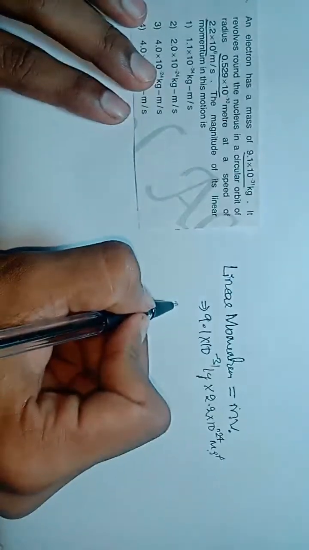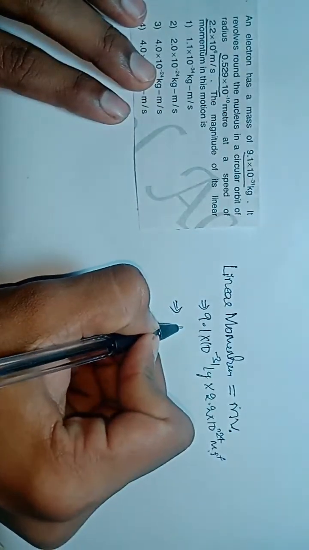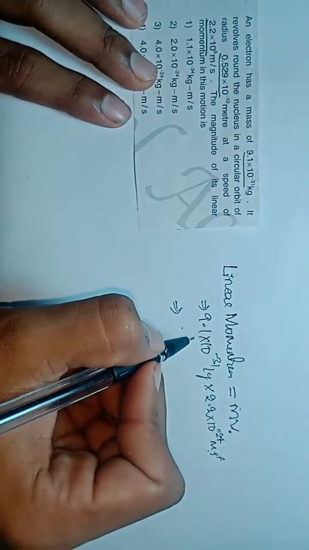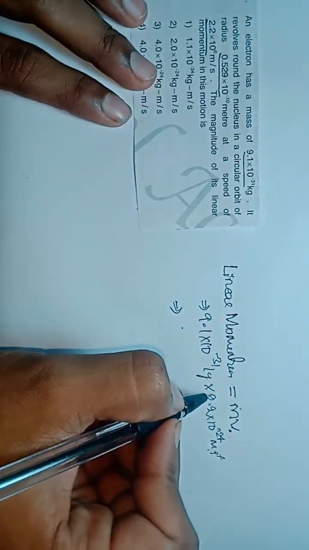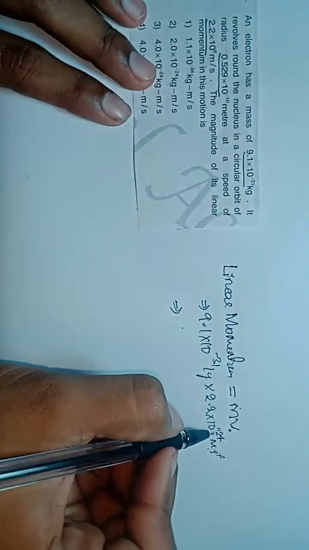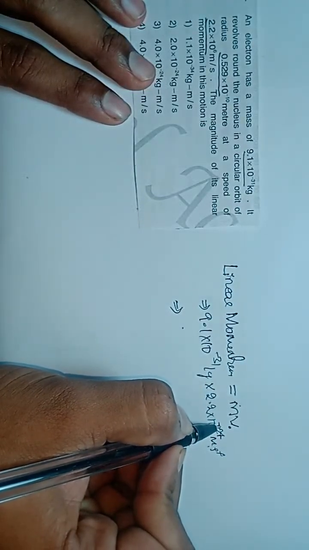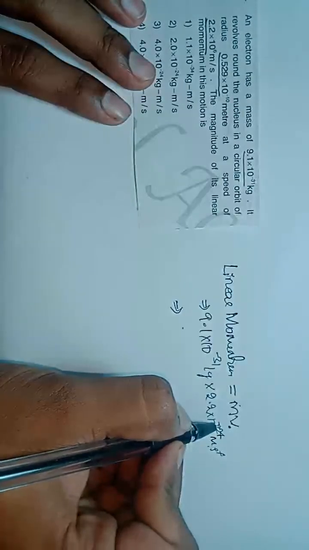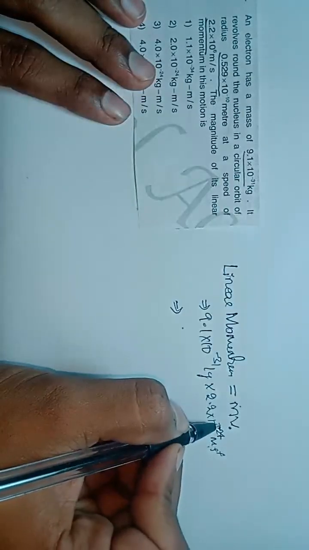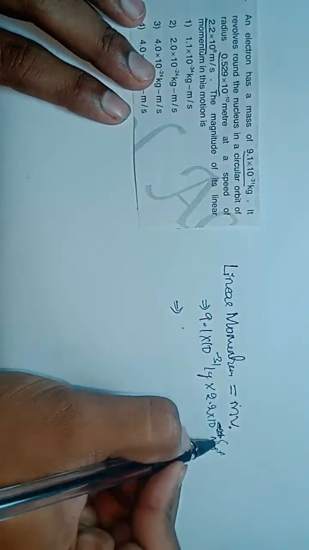After solving this, what answer will we get? Just solve it. In physics, it doesn't matter only how you get the concept; calculations also matter a lot. You have to solve that equation.